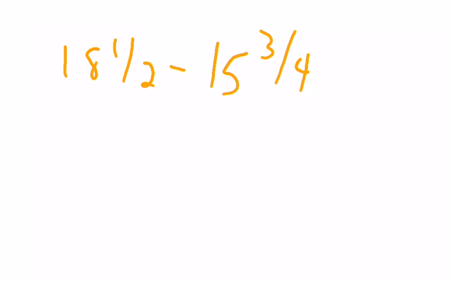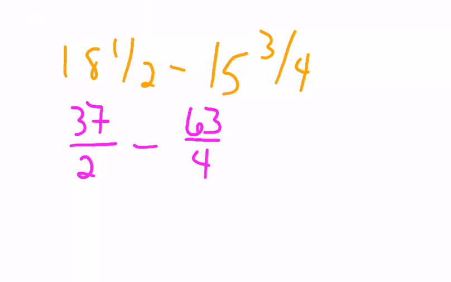Again, we have to change these to an improper fraction. So 18 times 2 is 36, plus 1 is 37 halves. Then 15 times 4 is 60, plus 3 is 63 fourths. Again, we look at the denominators and determine what's our common denominator, and in this case it's 4.